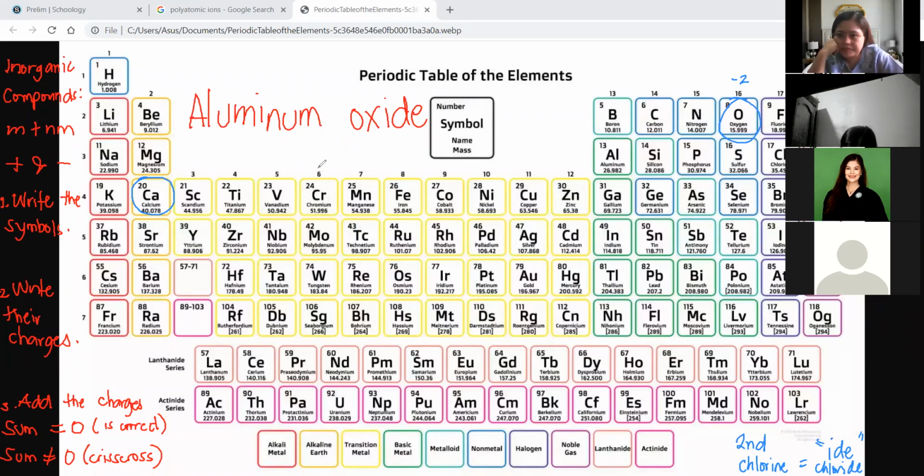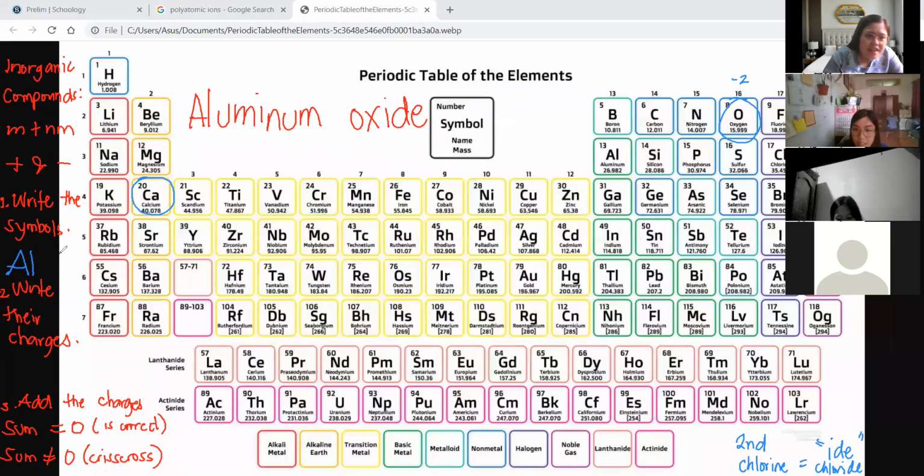Sige. Sa na inyong nasulat din ha? Sa atong first step gani, write the symbols. Symbols, ma'am. Okay, so what is the symbol for aluminum? Al. So for oxide, O.